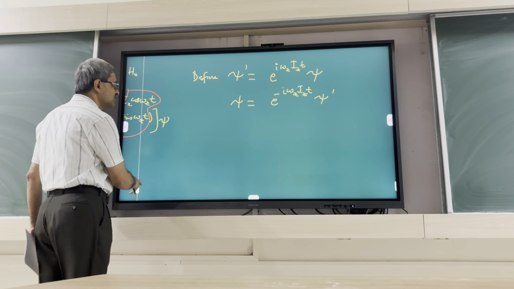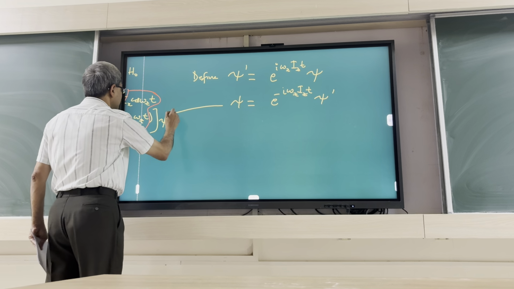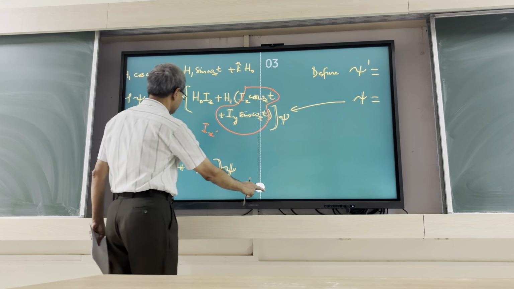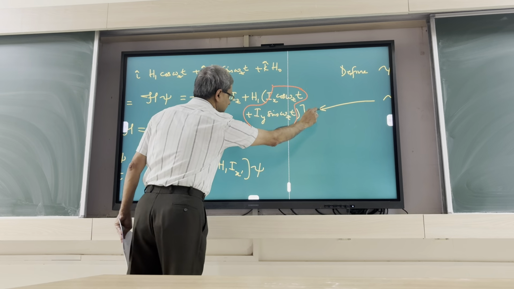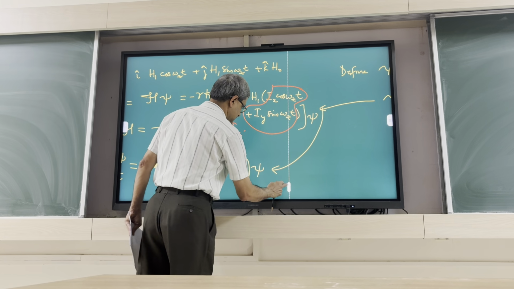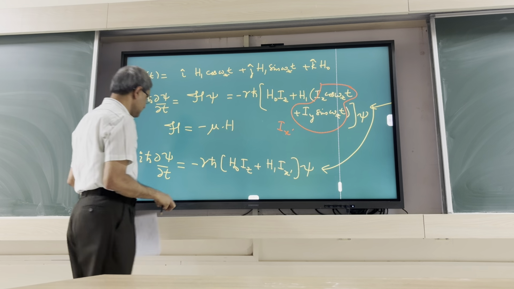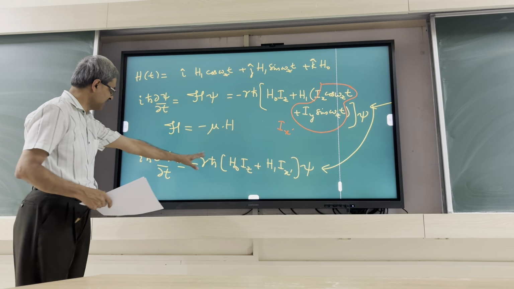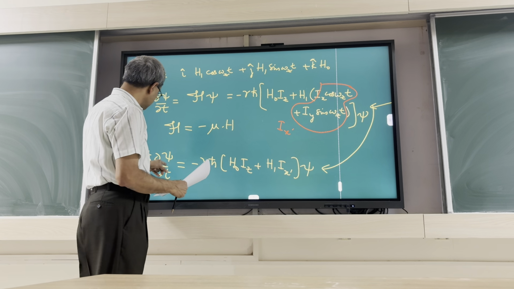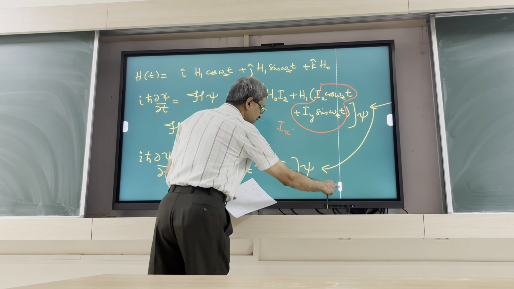Okay. So if you now put this back in your Schrodinger equation, firstly the h bar anyway goes, and then you write the time derivative and so on.